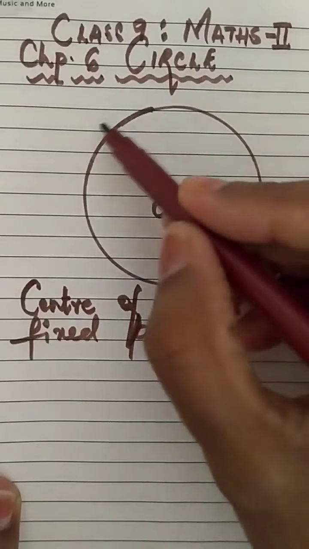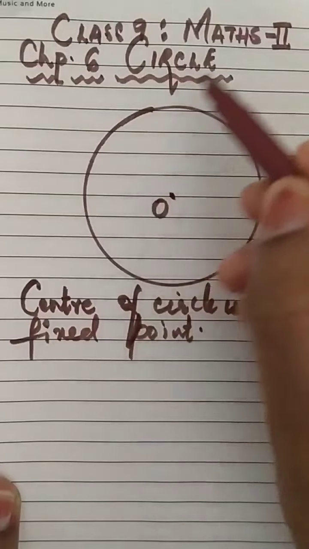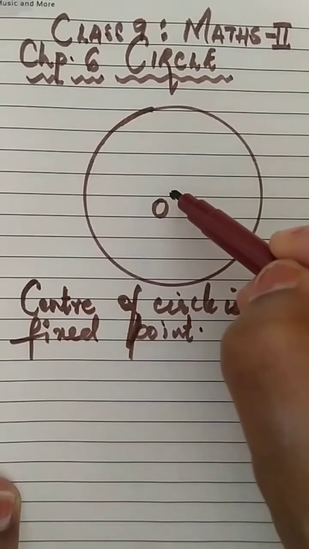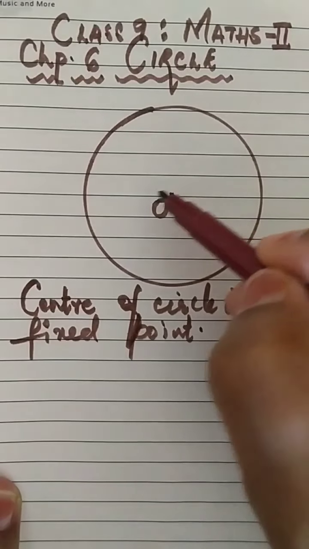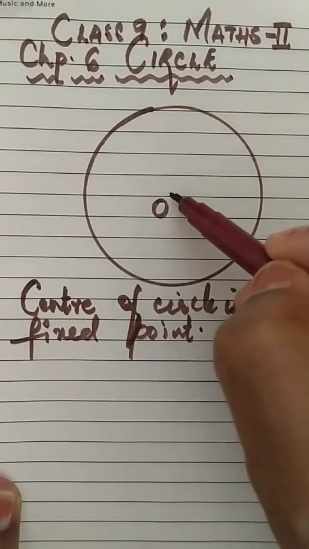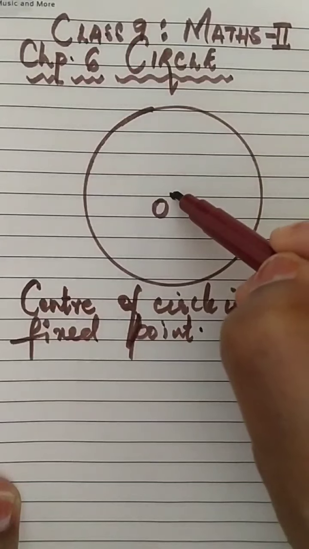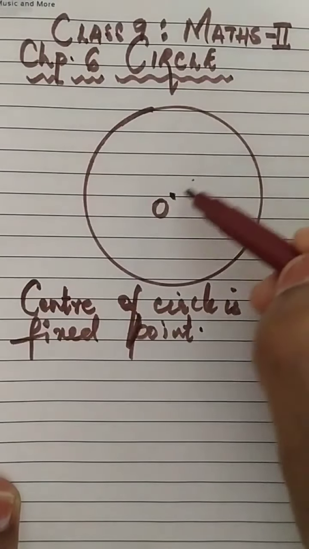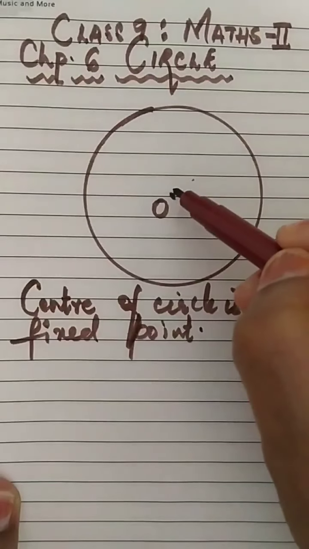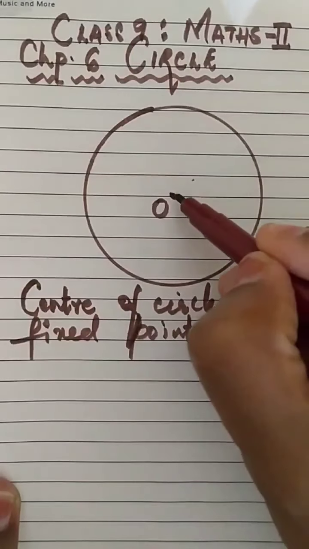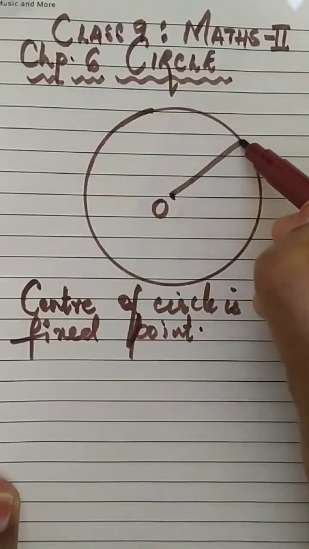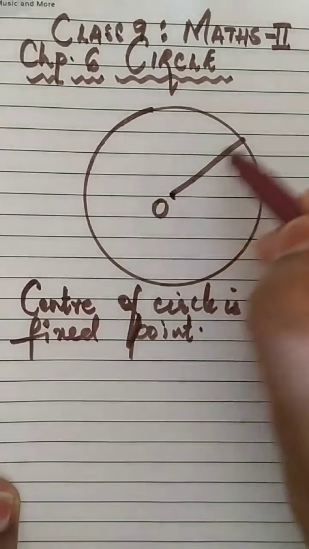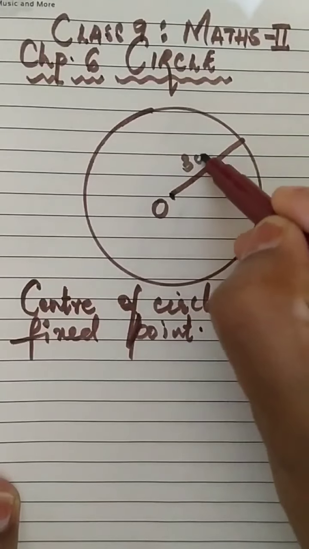Now, all the set of points which are equidistant from a fixed point. This is the fixed point. From this fixed point, any distance on the circle, if I draw this segment, and suppose I have taken the radius of the circle as 3 centimeter.